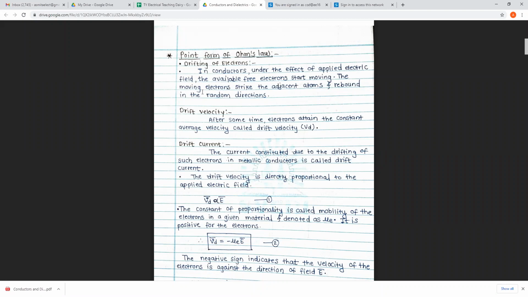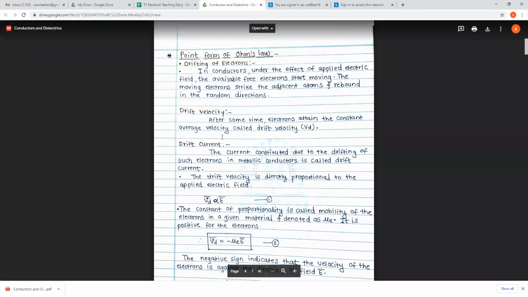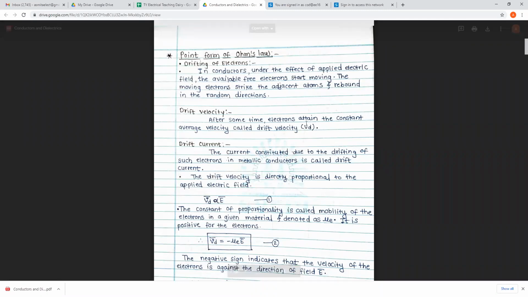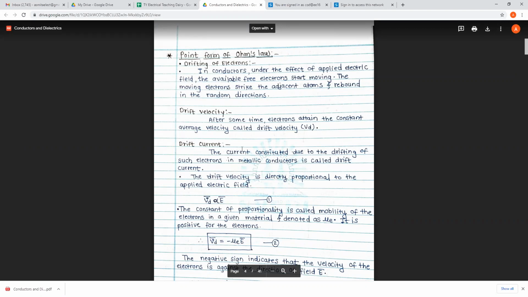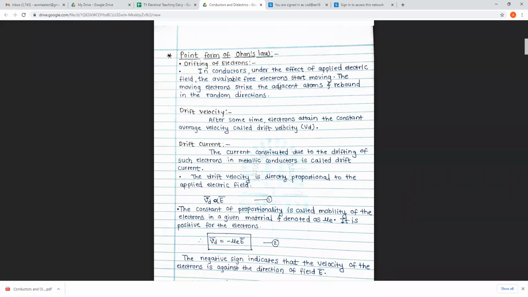Then what is the drift velocity? This drift velocity is nothing but, when they collide with each other, after some time they attain some velocity. Okay, and that constant average velocity, here you can see after some time electrons attain the constant average velocity called the drift velocity, meaning this is after the collision.